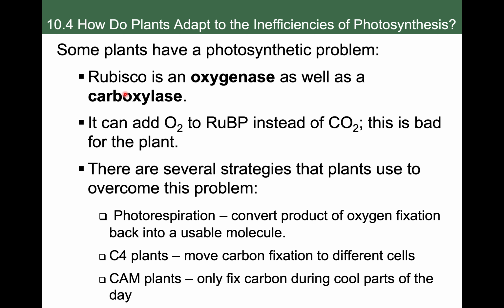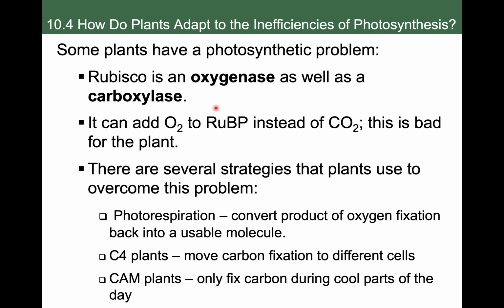Well, if you remember the name of rubisco, it has both of these words in it: oxygenase, carboxylase. So the carboxylase part is referring to the fact that rubisco fixes carbon, but in the absence of carbon, it can also fix oxygen. And well, you might think, well, okay, how is it distinguished between the two? When would it do that?